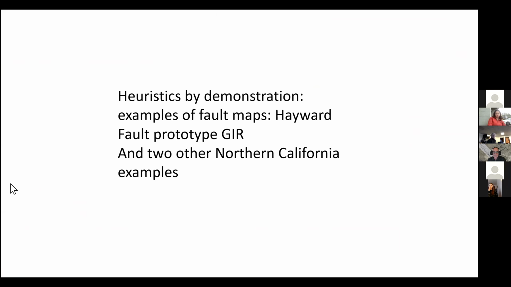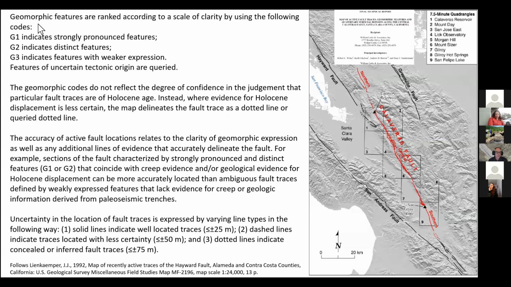Another example, a couple of things from Northern California. We've seen some already that Rich talked about, but I want to show you this Hayward Fault prototype GIR. This is work done by Jim Lienkaemper from 1992, a U.S. Geological Survey Miscellaneous Field Studies map.